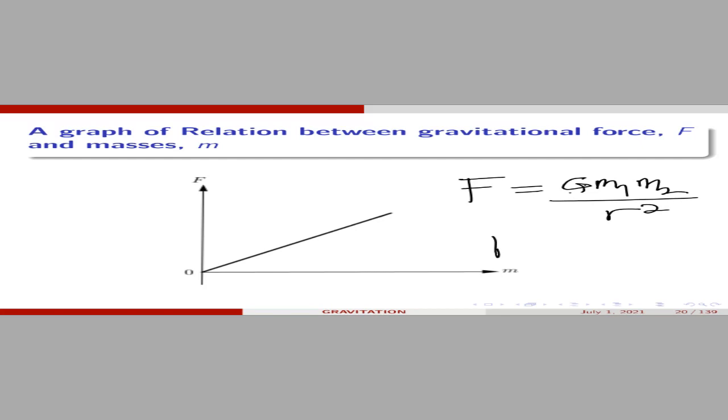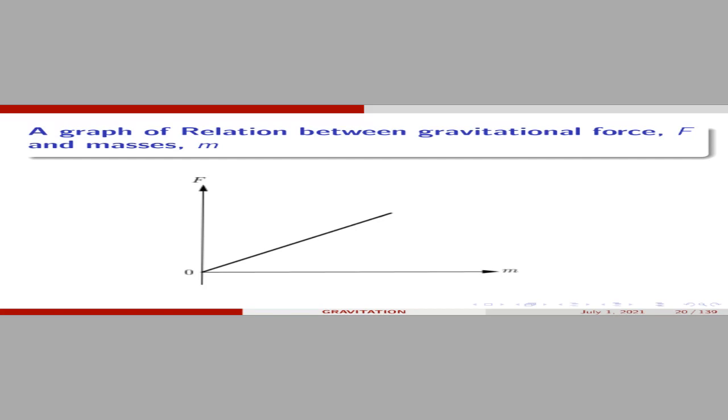And we said that F is directly proportional to M1 M2. Now when the masses increase, the force also increases. So if the force is directly proportional to the masses, then this graph will explain it.